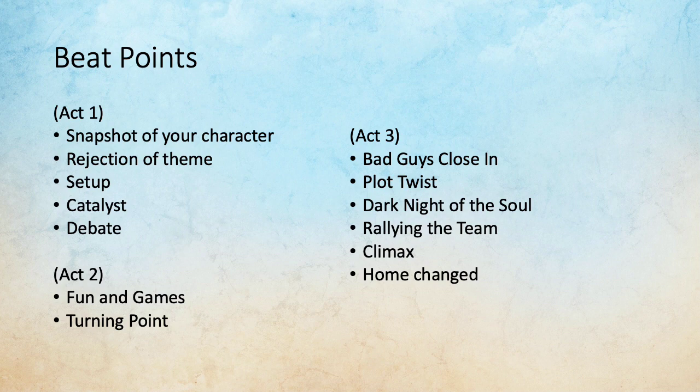Now, Act 2 starts about 20% in, and this has a fun and games section, which may not be fun and may not seem like a game, but that leads up to the 50% turning point, where the character starts to actually accept the truth that they rejected back in the first scene or two.